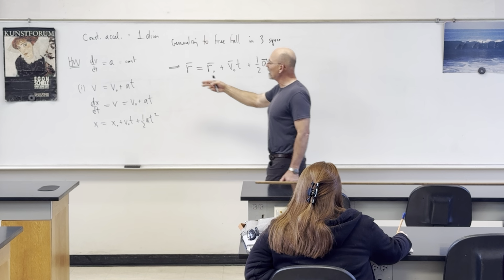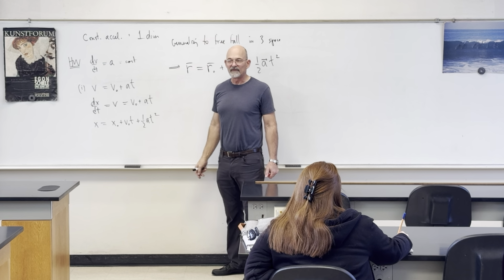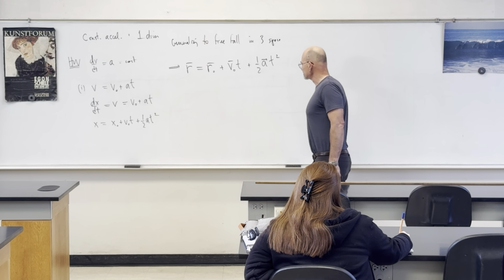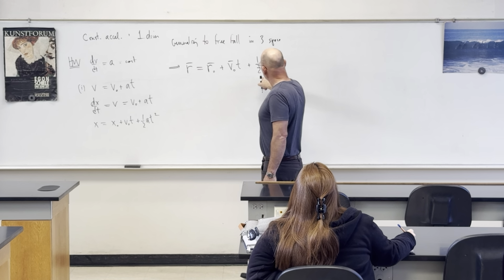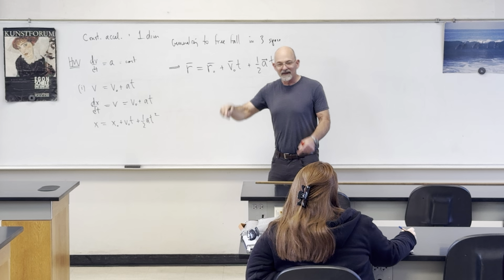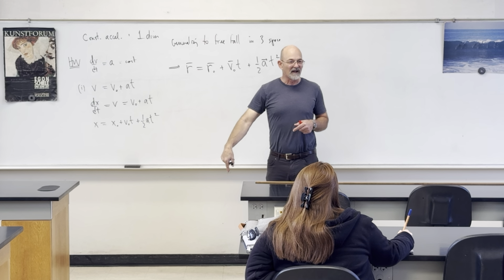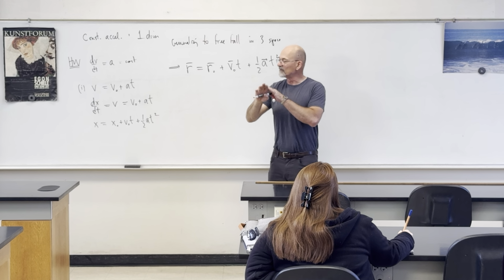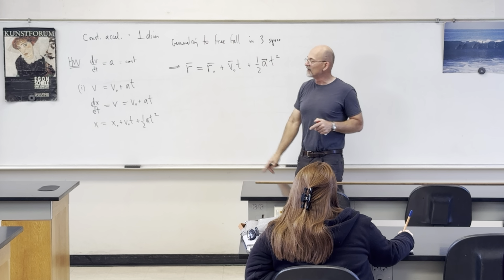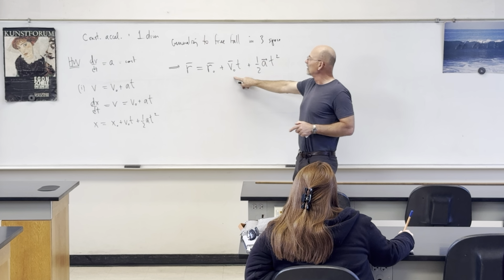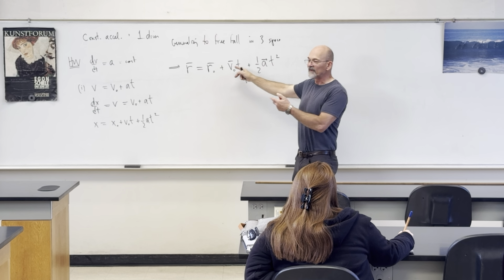I just did it for one component, but I could have done it for all three. And if a is equal to g and pointing down, then g is just a constant vector pointing down. And so you orient yourself, you create your coordinate system as you need. Right now they're Cartesian, but we haven't specified any coordinates.